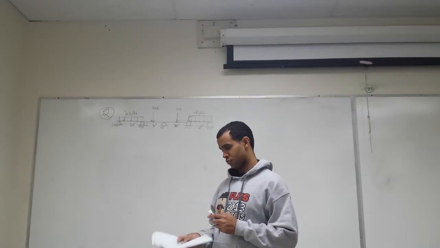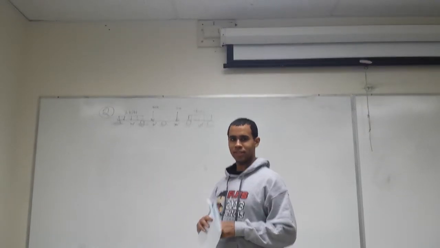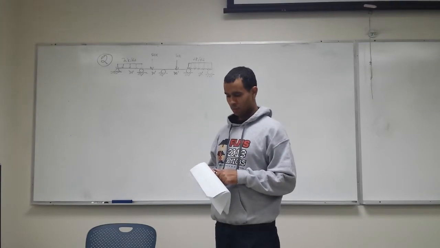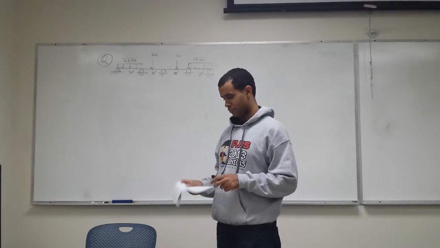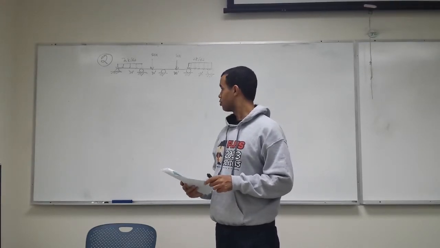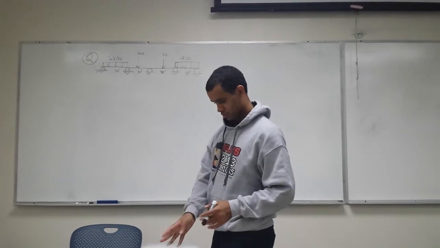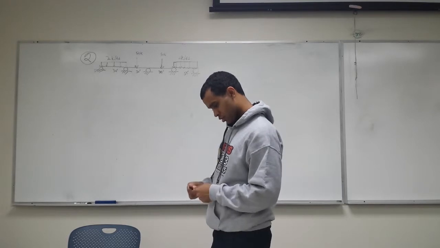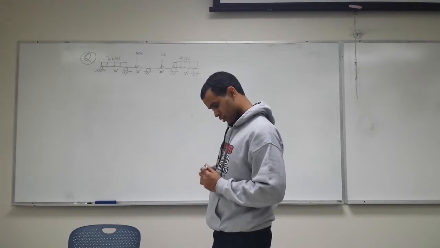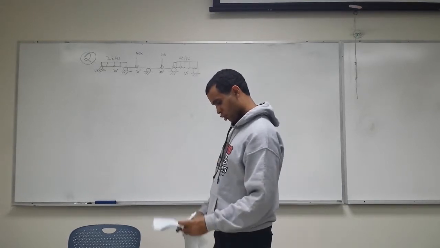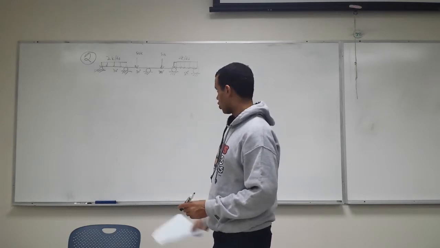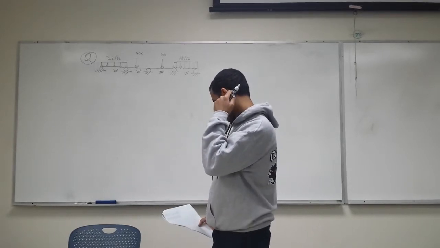We will now do the shear and bending moment diagram for a continuous beam containing 5 reactions. We first start off by cutting the beam up into 6 parts.